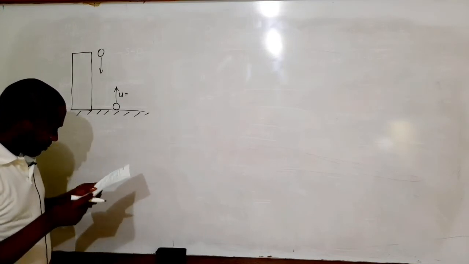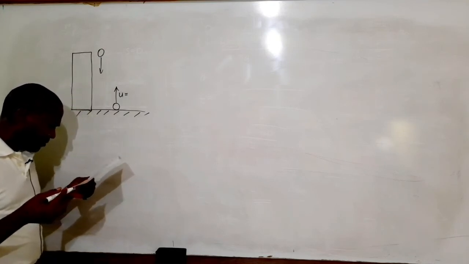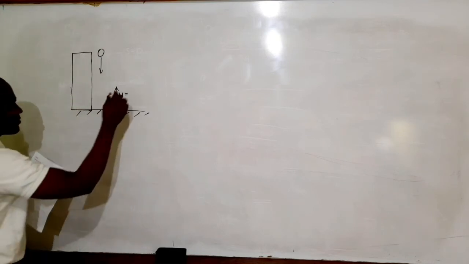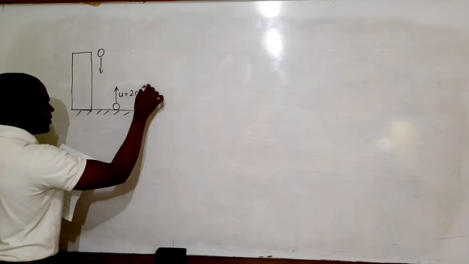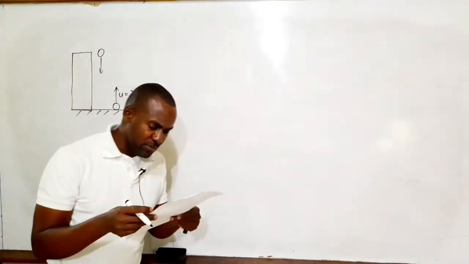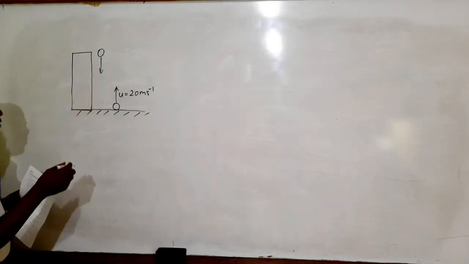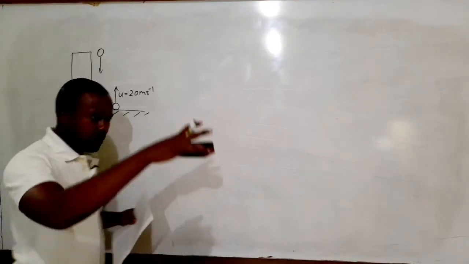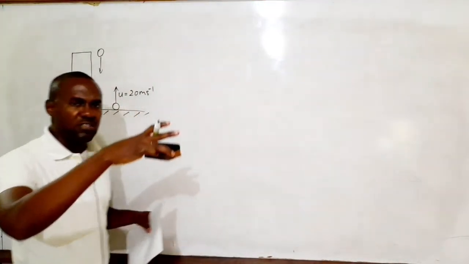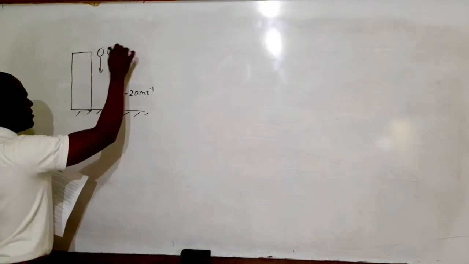Right, so a stone is dropped from the top of a building. At the same time, a second stone is thrown vertically upward from the bottom of the building at a speed of 20 meters per second. Now, the first one is dropped. When you drop something, that means the initial velocity is 0. So the first stone will have an initial velocity of 0.